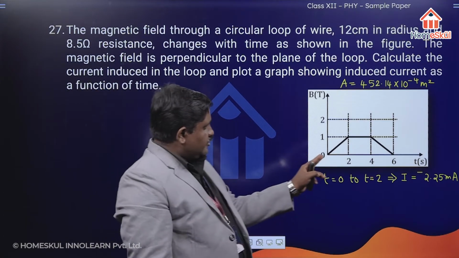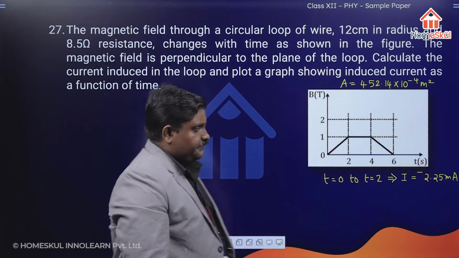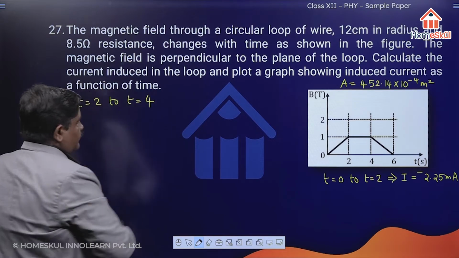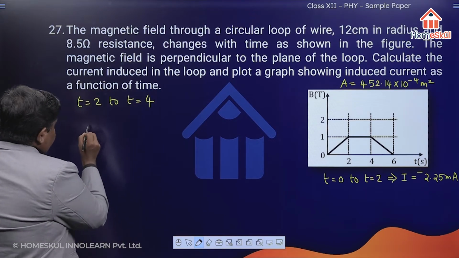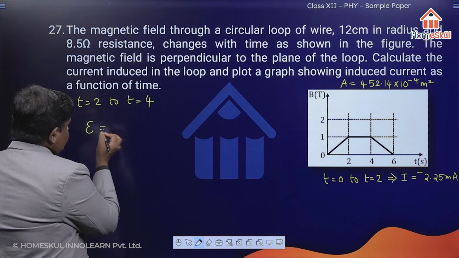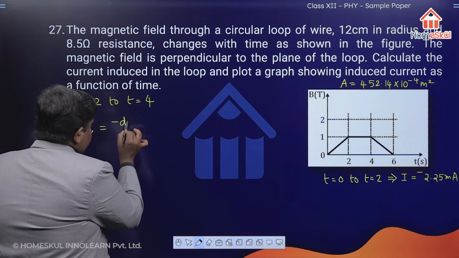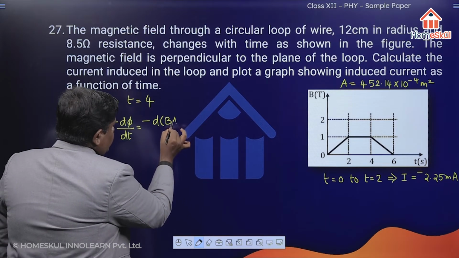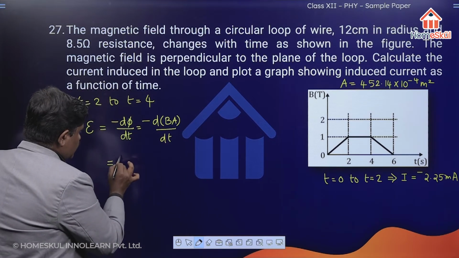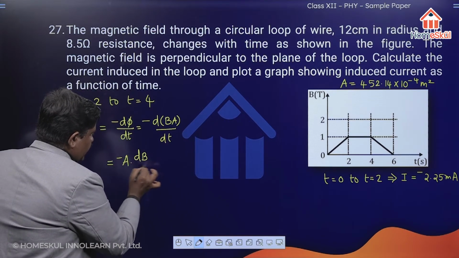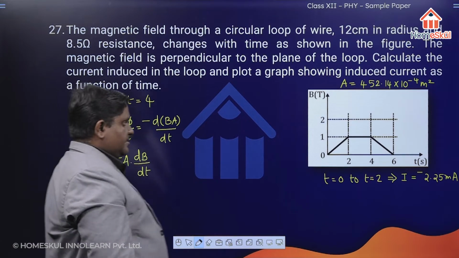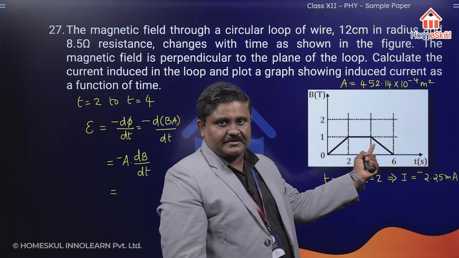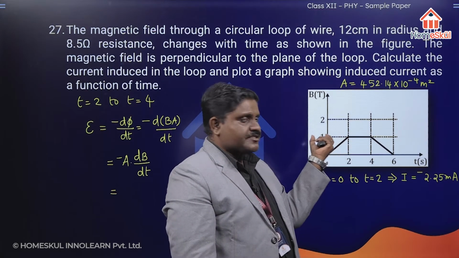Okay, now we are going to calculate the current in the interval t equal to 2 to t equal to 4. For that, first we have to find the EMF, E equal to minus d phi by dt, equal to minus d(BA) by dt, equal to minus A into dB by dt. From this interval, it is clear that the magnetic field is constant throughout, right? The value of the magnetic field is 1 Tesla.